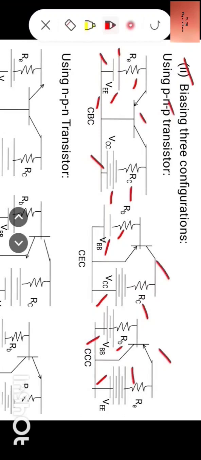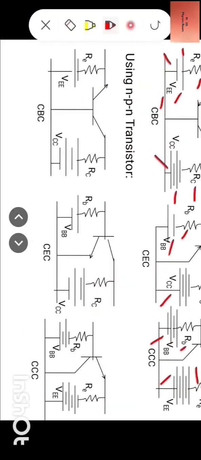Now, since VBB and VEE, if taken together, are connected in series but in opposite polarity, the two cells will neutralize and only one cell will remain in the emitter region, which will form the forward bias between emitter and base. Okay. Now let us apply bias using NPN transistor.